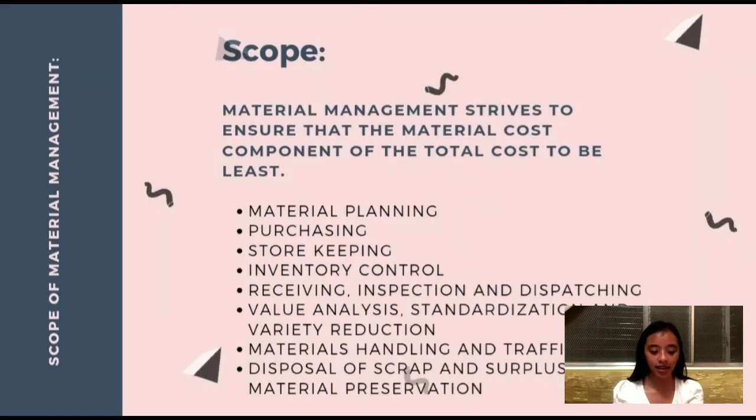Next is the scope of material management. Material management strives to ensure that the material cost component of the total cost is the least.